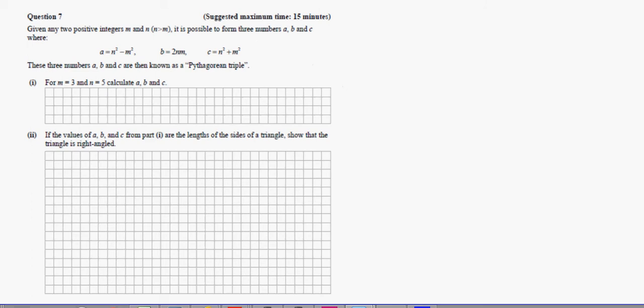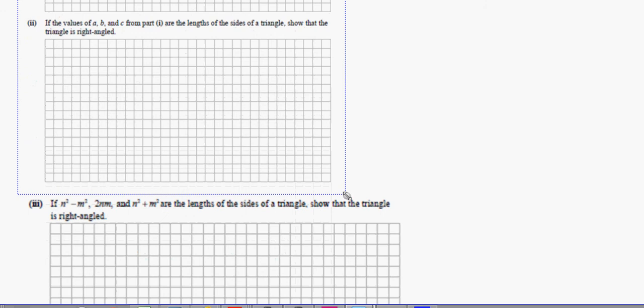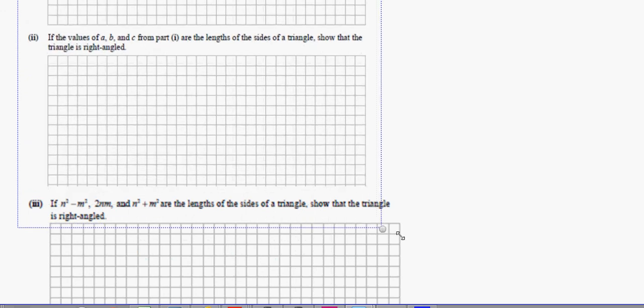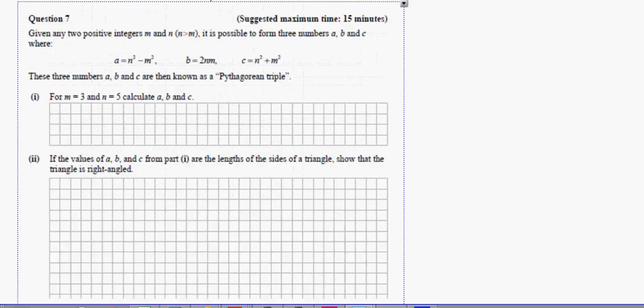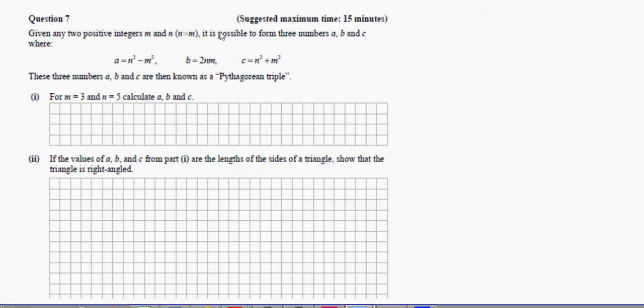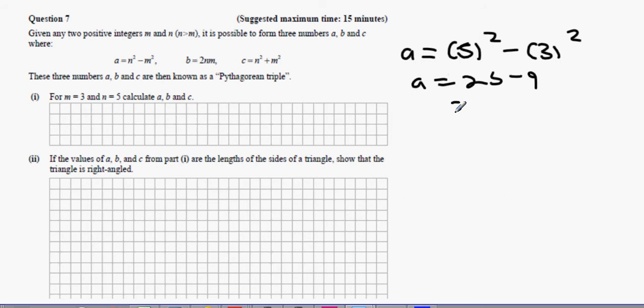Okay, so this is very much just an input question. You can use pretty much the calculator for most of this one. Okay, we'll see what happens. So first one, a is equal to n squared minus m squared, so it's going to be 5 squared minus 3 squared. A equals 25 minus 9. A equals 16.